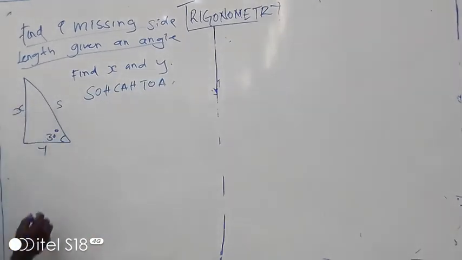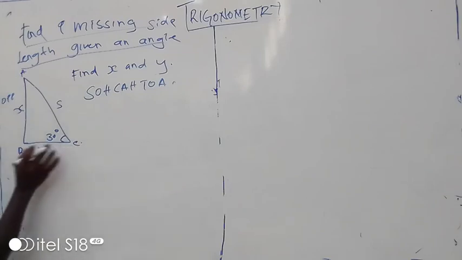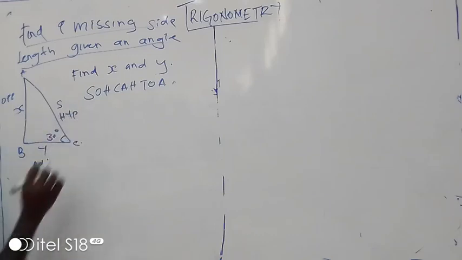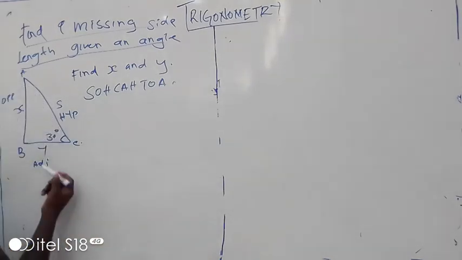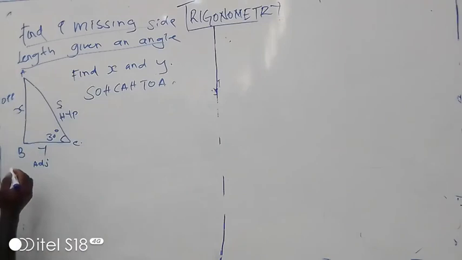Since this is the angle that we are considering, this is the opposite, and this is the adjacent, and this is the hypotenuse. The longest side is the hypotenuse. Remember, we are given our hypotenuse as 5.